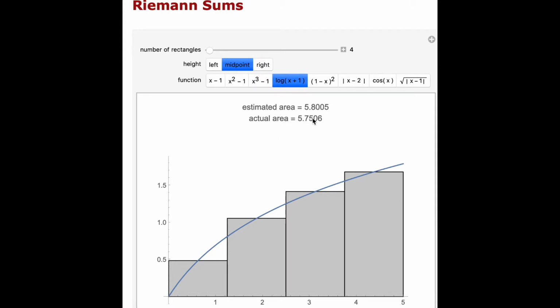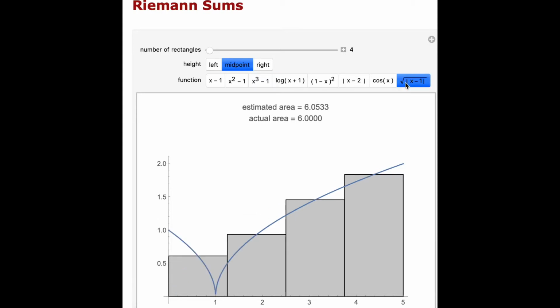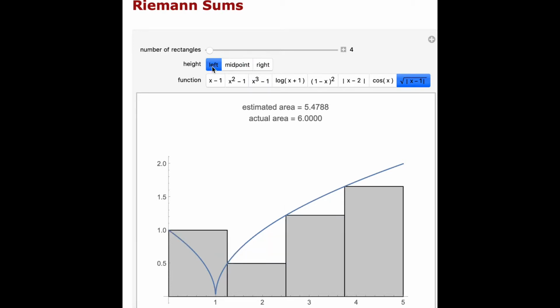For example, if I were to look at this graph, which is the square root of the absolute value of x minus 1. Notice that the left side on my first section is overestimating, while on the right three, the left endpoint is actually underestimating.